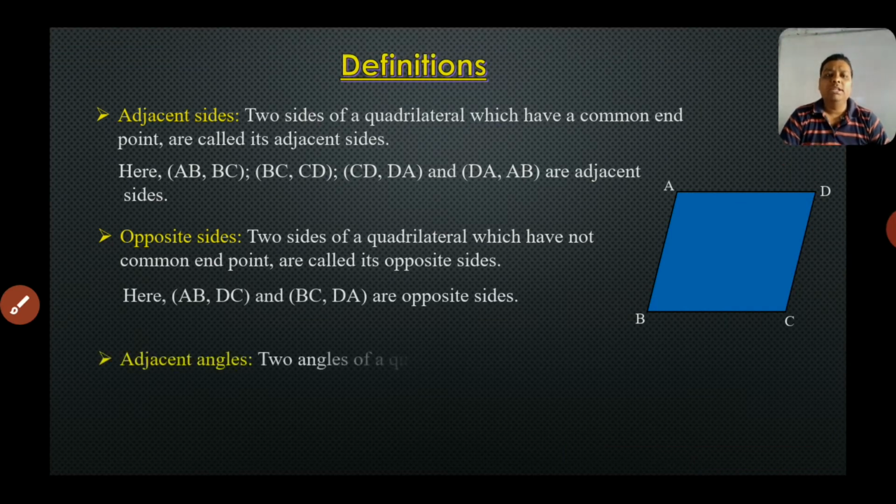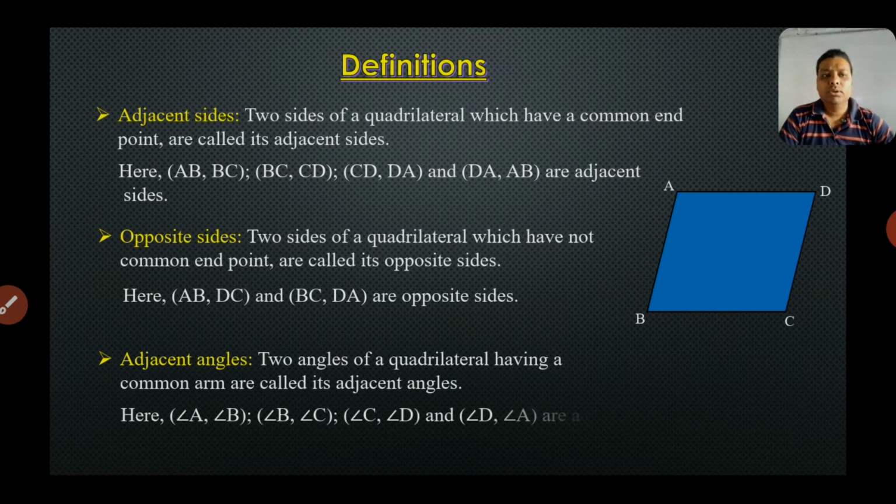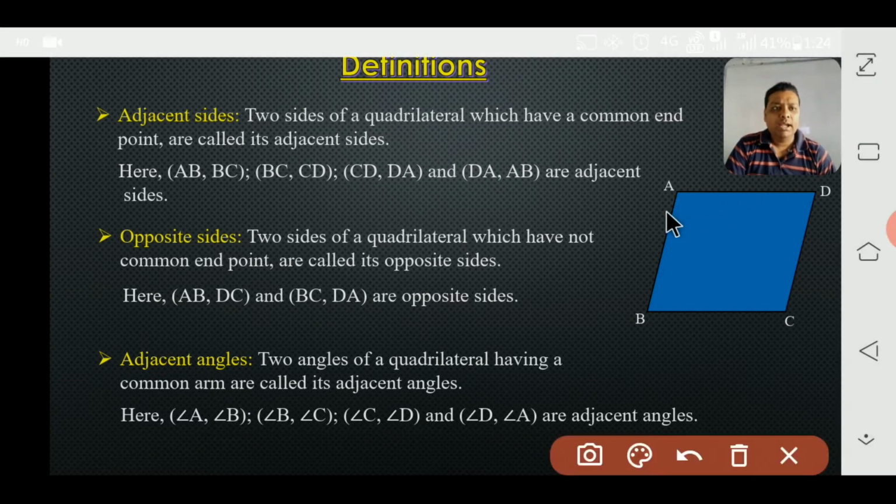Now adjacent angles. Two angles of a quadrilateral having a common arm are called adjacent angles. Here you can see, students, angle A and angle B are adjacent angles because of the common arm AB.